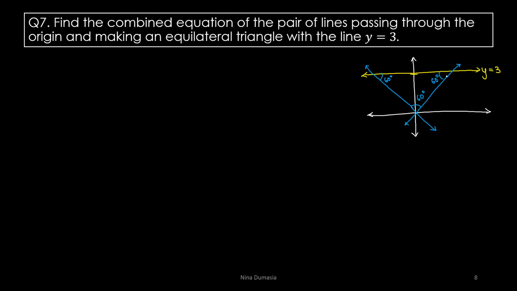Okay, so now if you observe this diagram, we can find out certain things. पहले तो ये y is equal to 3 और x axis parallel lines है, ठीक है. So that means that अगर ये angle 60 है, then this angle also has to be 60.